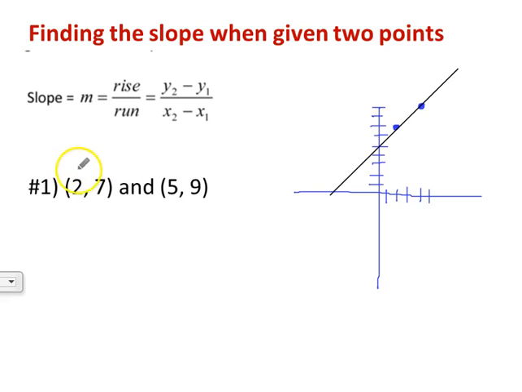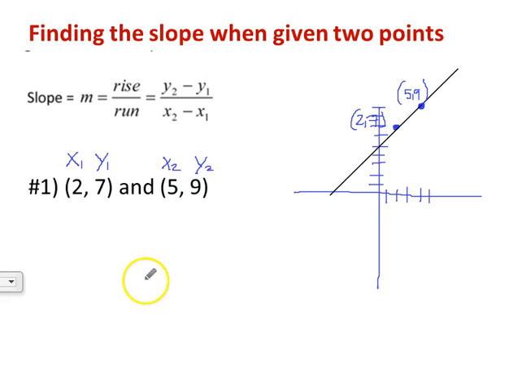So our first point, (2, 7), we would call this our first x coordinate, or x1, and our first y coordinate, or y1. Then our other point, (5, 9), we would call our second x coordinate and our second y coordinate.